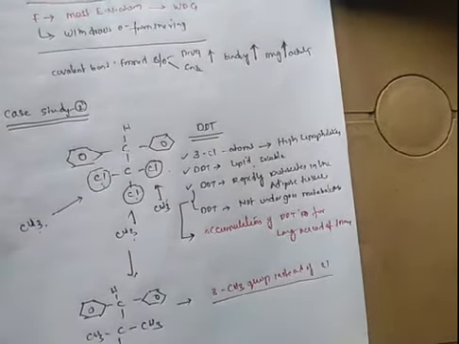The CH3 groups diminish or decrease accumulation of the drug in adipose tissue. This is the methyl derivative of DDT.